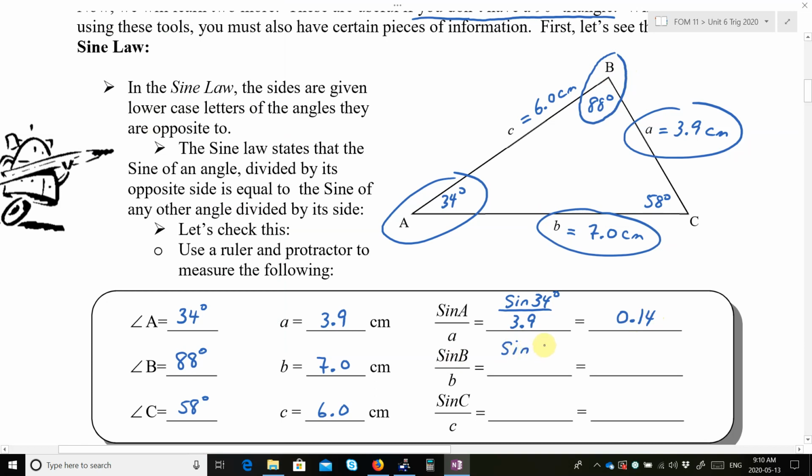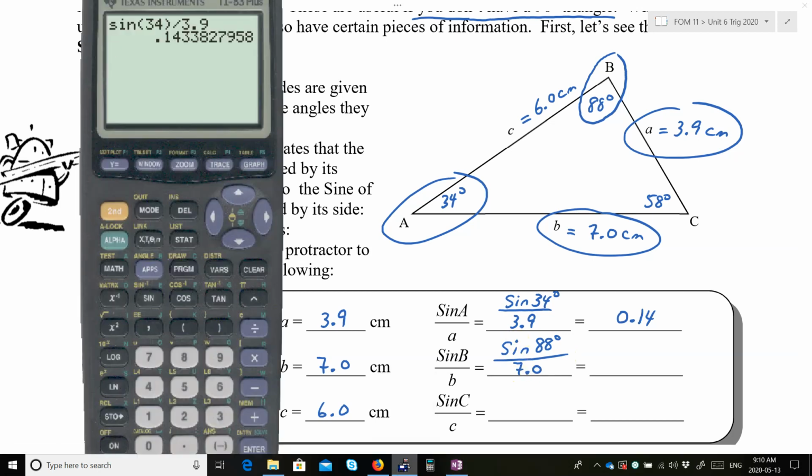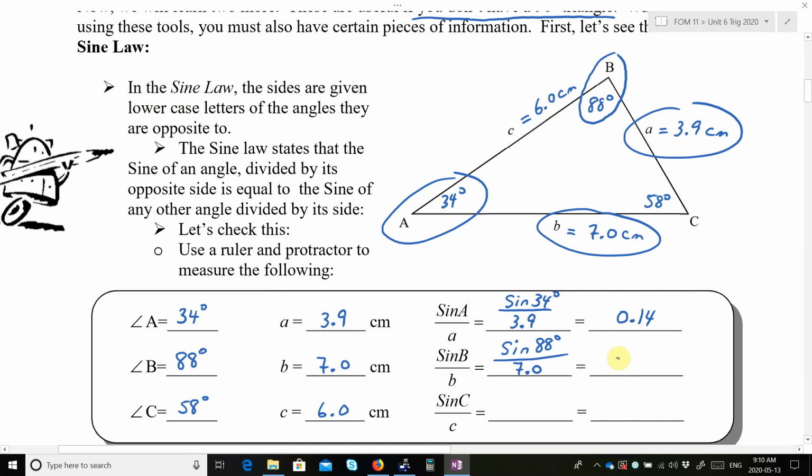That will be sine 88 degrees divided by 7.0. And notice what happens when we do that. Sine 88 divided by 7.0, we get to 2 decimal places 0.14.